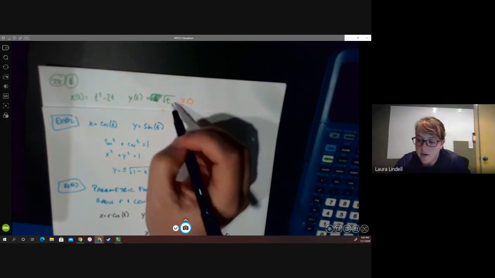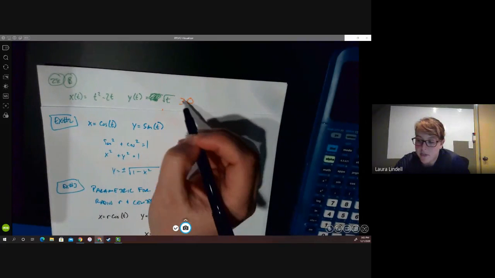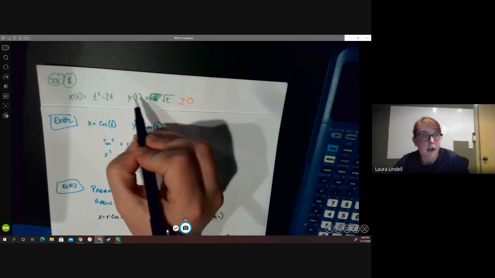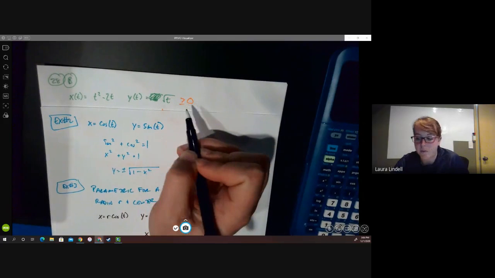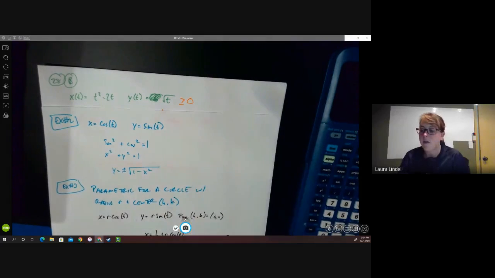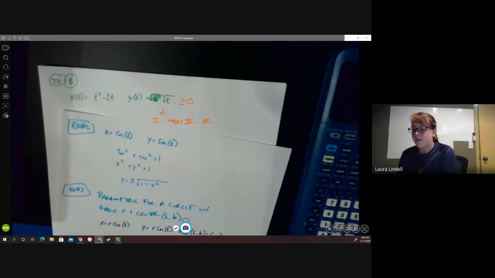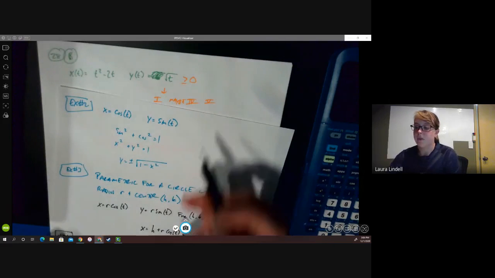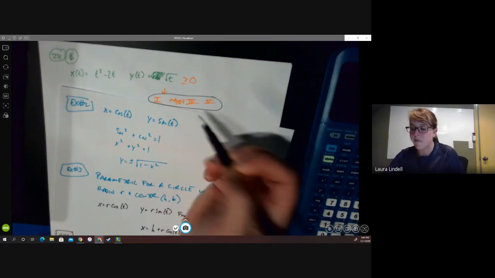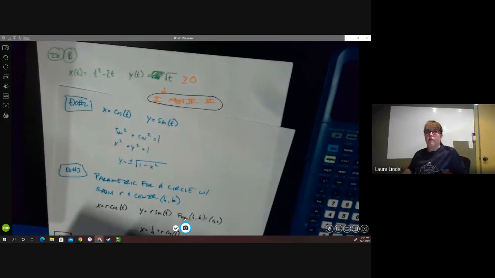And the first thing I notice is the square root of t is always going to be greater than or equal to 0. So that means that y of t is always going to be greater than or equal to 0, so I'm not going to have any negative y values, which means I can automatically rule out a lot of them. These are the ones I'm ruling in: 1, maybe 4, and 5.